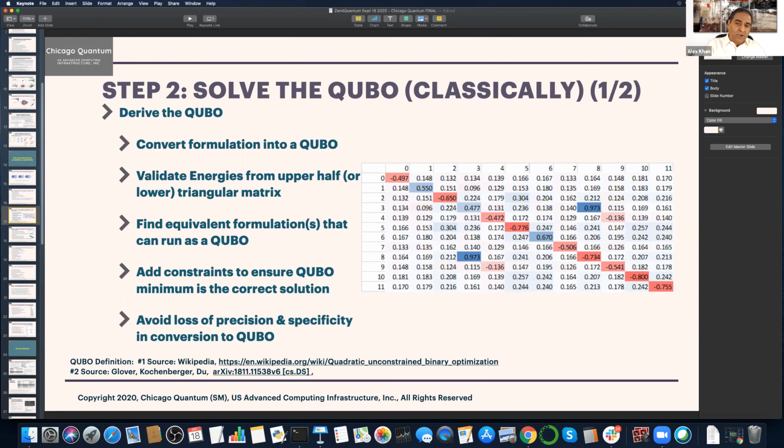The diagonal terms are called the linear terms. Those are the values on the asset. So our formulation has to take from the variance and the standard deviation in the formulation a portion of that and put it on the asset itself. Those are the linear contribution of the asset.